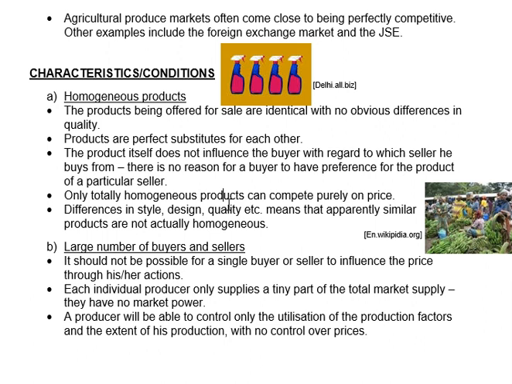Homogeneous products also means that the product itself does not influence the buyer with regard to which seller he buys from. So in other words, there are no preferences. Whether I buy from producer A or producer B, I don't care. The product itself doesn't influence my decision.